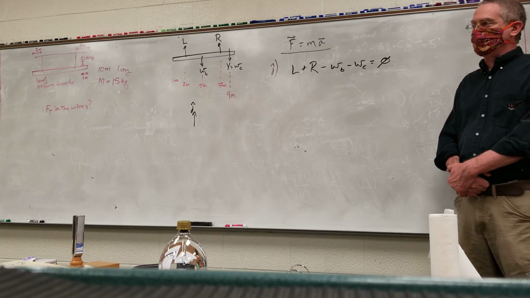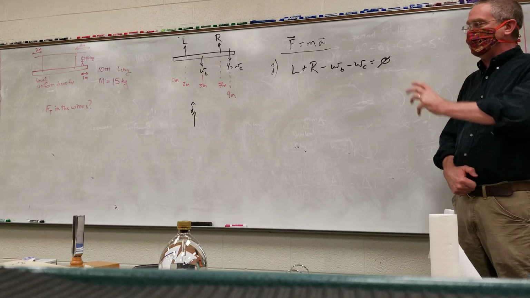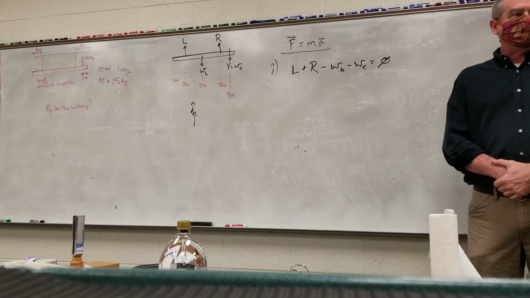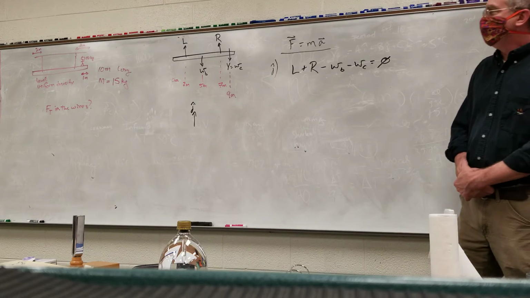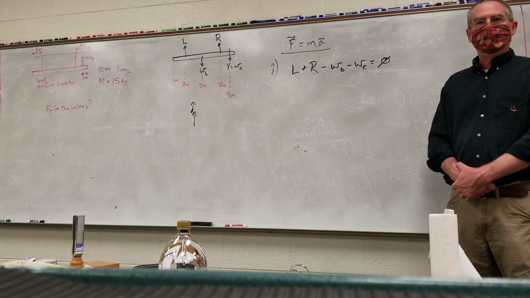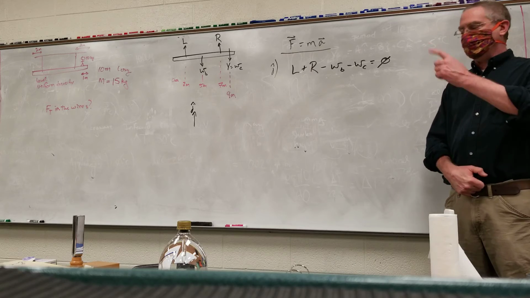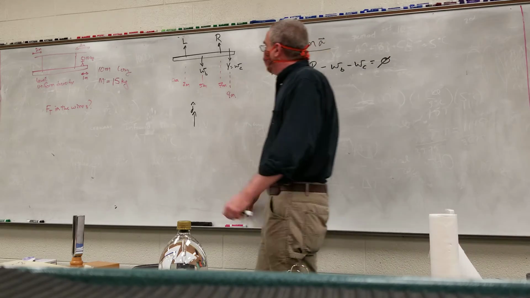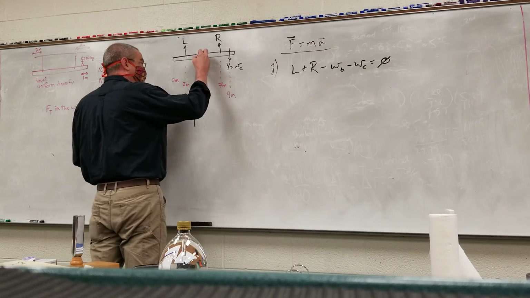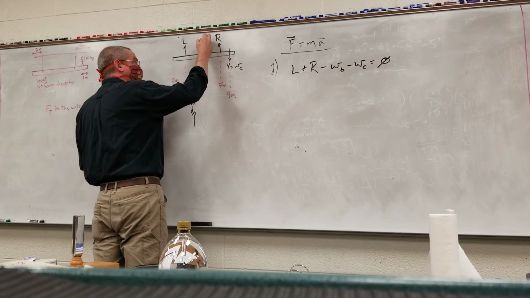If there's no angular acceleration, it's not actually pivoting physically, we pick some place that's convenient. Where would you like to put our axis? 0. I heard in the center first, so let's go for the center first. This is our axis of rotation.